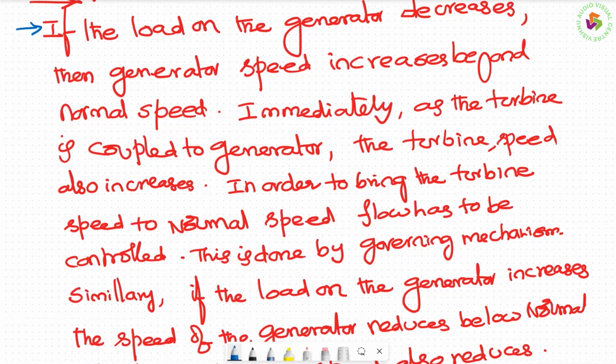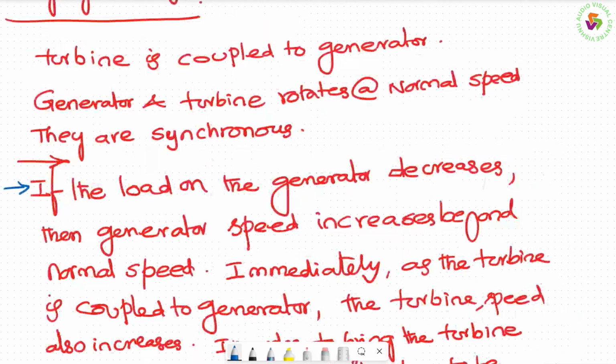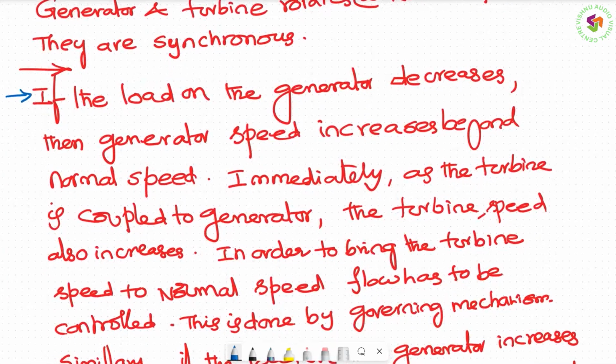If the load on the generator decreases, what does that mean? Load on the generator decreases means the power generation requirement has reduced. We need not produce the power at that load. When the power requirement is reduced, we say the load on the generator has decreased.